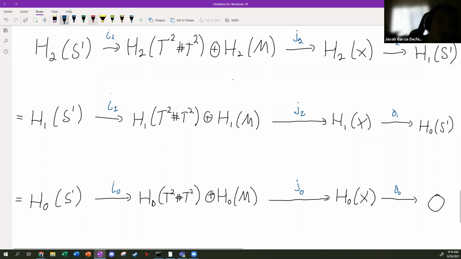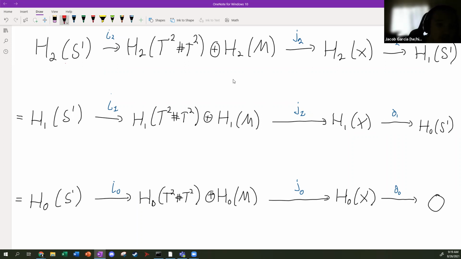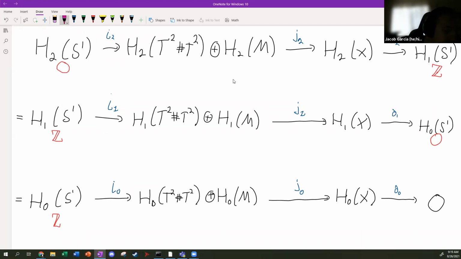Then let's fill in the stuff that we know. So I know that this here is 0, this is Z, and this is Z. And because I wrote the equalities, this is Z, and this is 0. So those are all of the information from the circle.